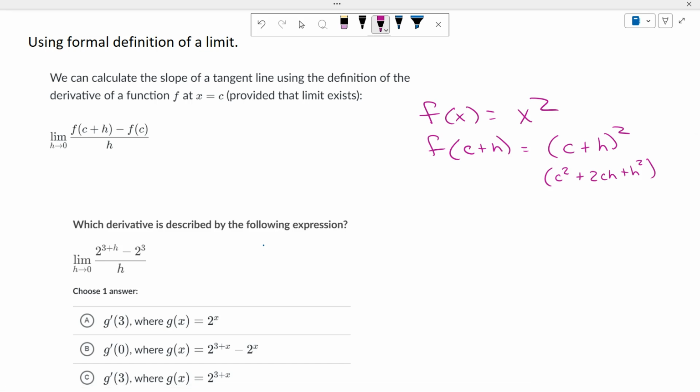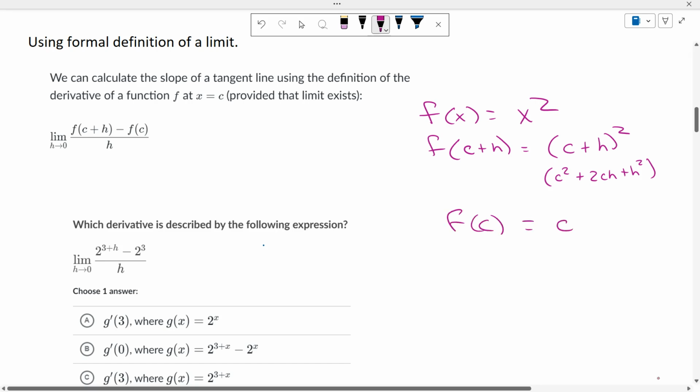We replace x with c plus h, so x squared is c plus h squared. So that's FOILed out. f of c is c squared. Are we all right with that? Because if f of x is x squared, and you put in a c, then c would be squared. If you put in a c plus h, it would be squared, which is that.